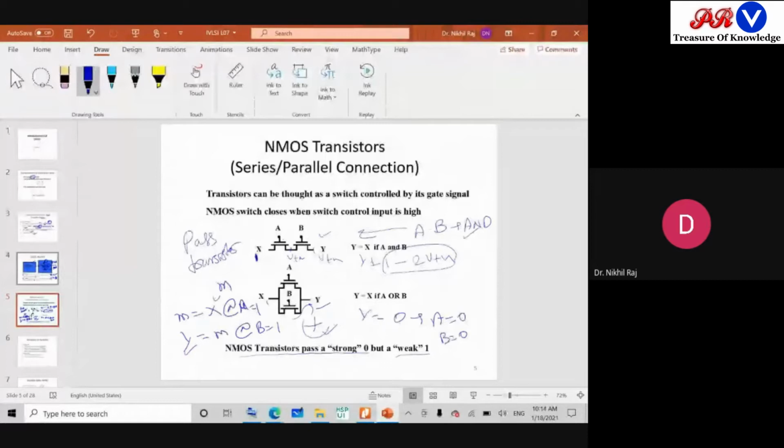In the design, it is said that 4 to 5 volts is logic 1. So if we are getting 5 minus 2 VTH, and VTH is let's say 0.2, then we get 5 minus 0.4. It is still greater than 4, so it can be considered a logic 1.